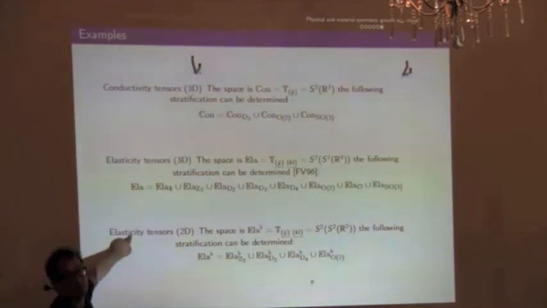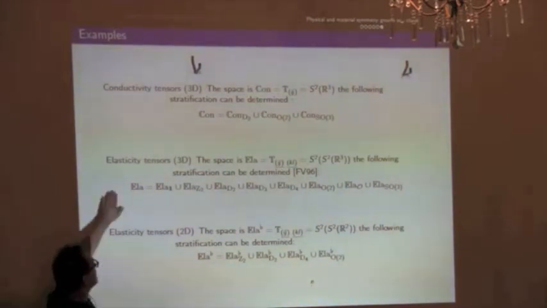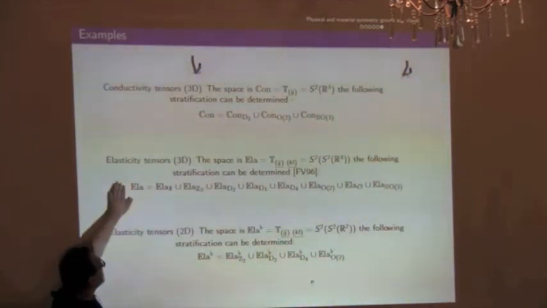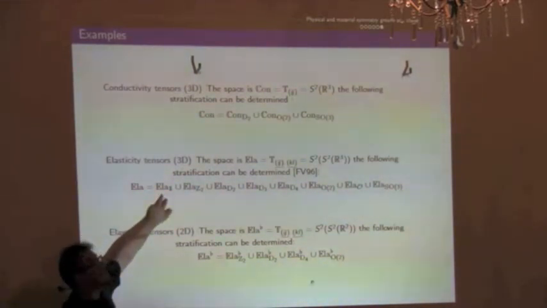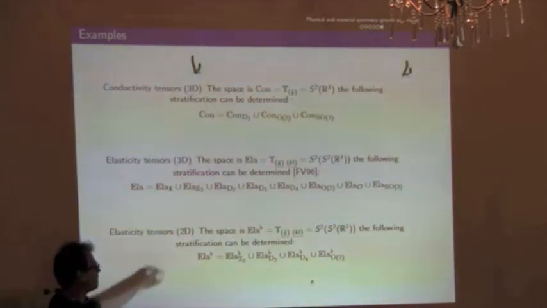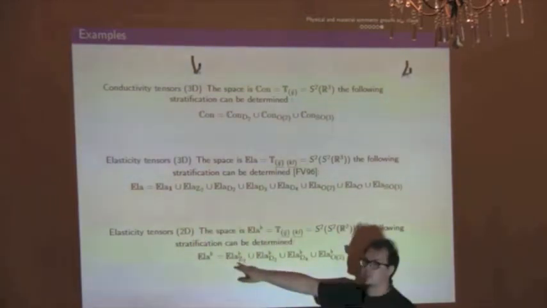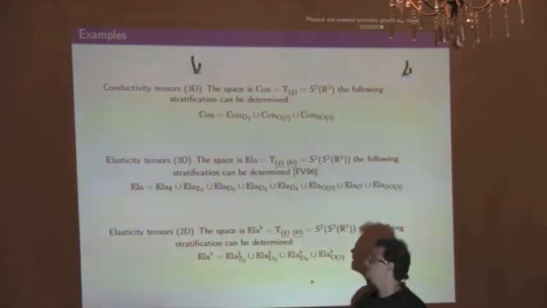So we are going to compute this decomposition explicitly tomorrow. Going from 3 dimensions to 2 dimensions, the symmetry classes are rather different. We have 8 classes in 3 dimensions with a trivial symmetry class, and in 2 dimensions we just have 4 symmetry classes, and the least symmetric one always has invariant property.